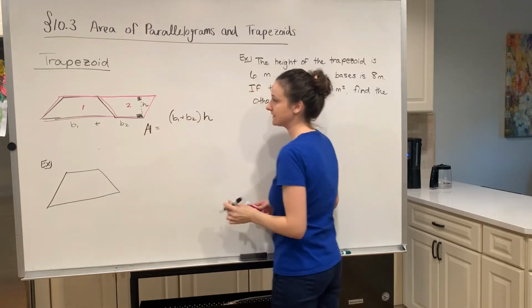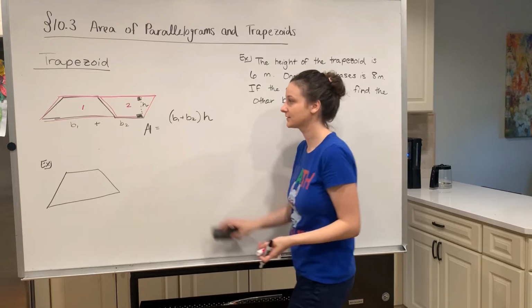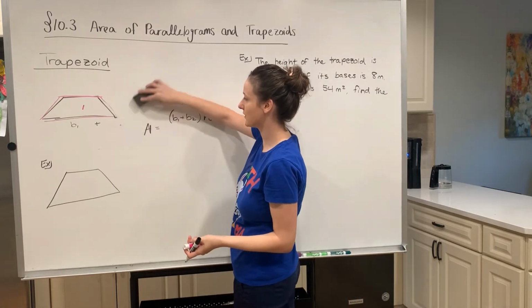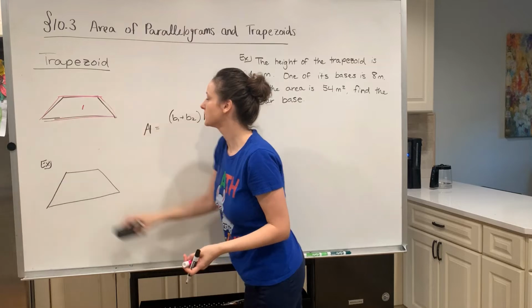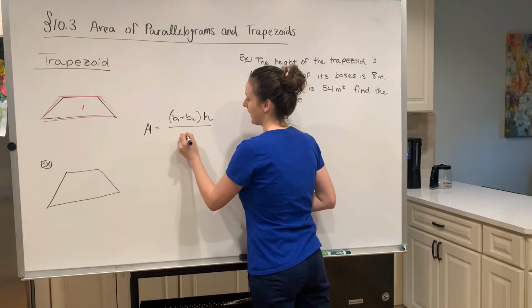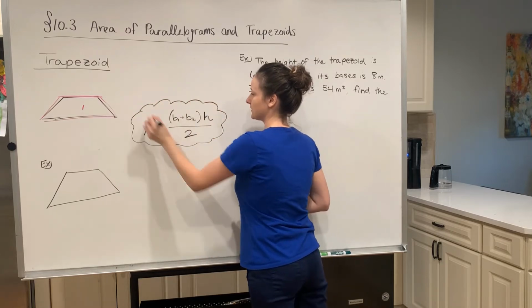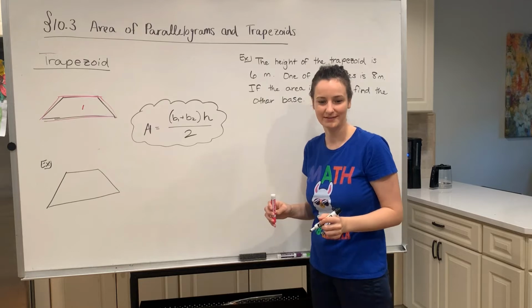However, we're missing something. I don't want 2 trapezoid areas. I just want one of the trapezoid areas. So in order to just have one, I then need to divide by 2. And so that is the formula to find the area of a trapezoid.